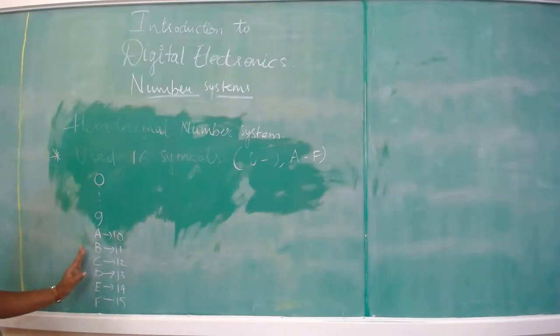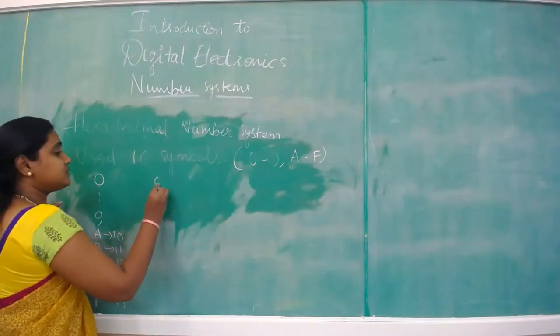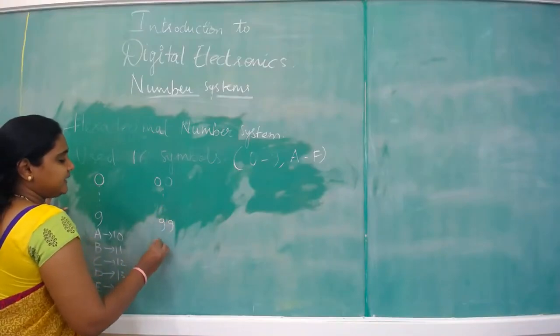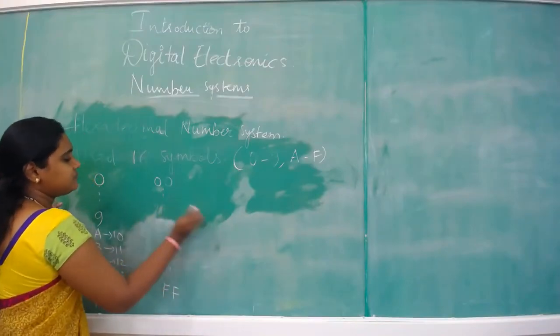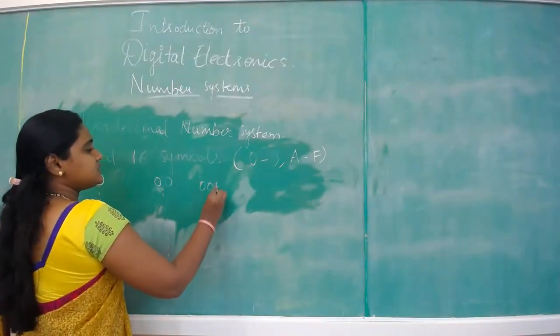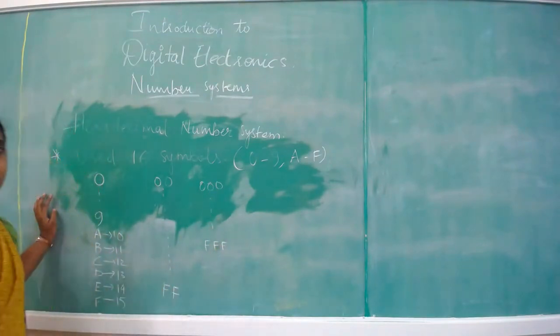This is how we will write a single-digit hexadecimal number. If we write a 2-digit number, then we will write from 00 to 99. After 99, what happens? We will write up to FF. So basically, it is from 00 to FF. Like this, we will be writing the number system for hexadecimal.